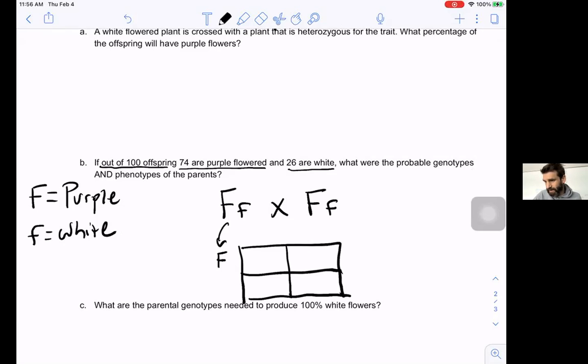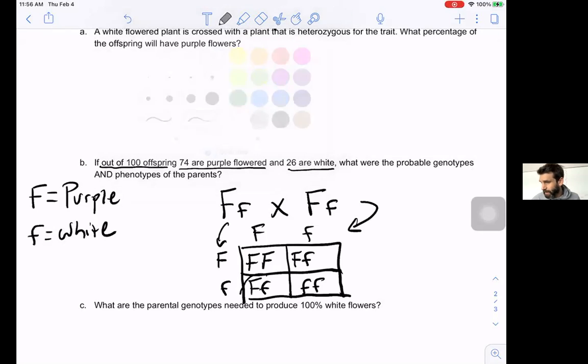So this goes here, capital F, little f, this one here, capital F, little f, and we get 1 out of 4 is homozygous dominant, 1 out of 4 is homozygous recessive, and then 2 out of the 4 are heterozygous. But what we see then from here is 1 out of 4, 25% are white.